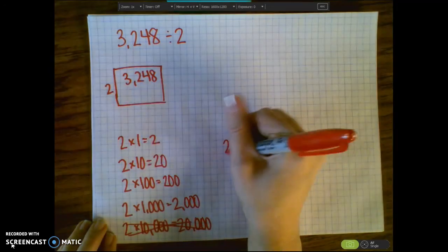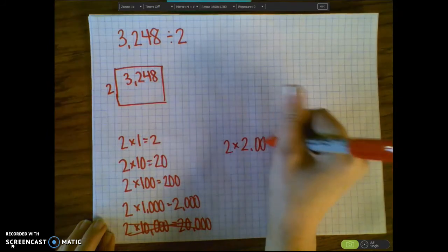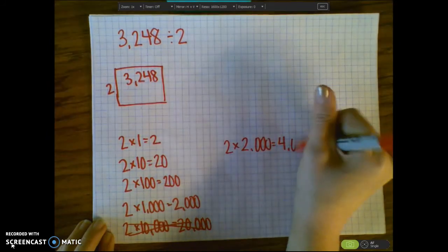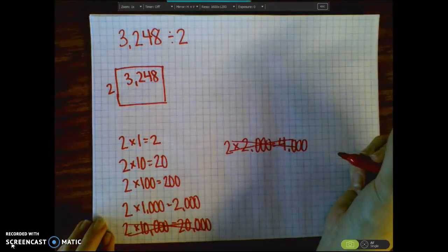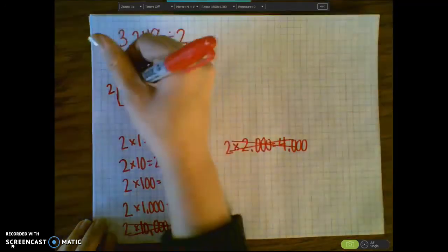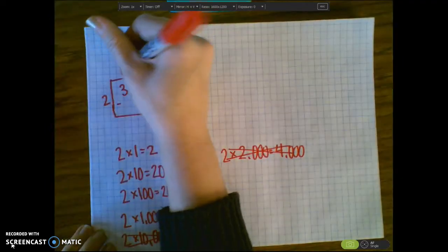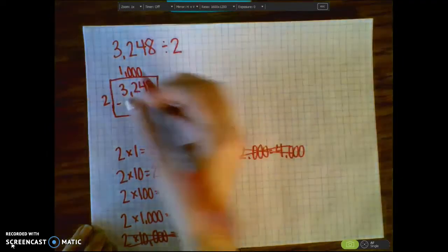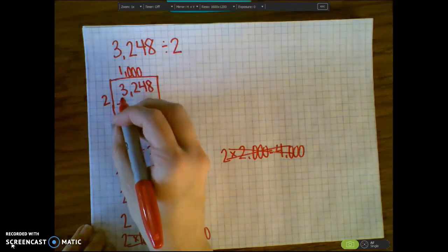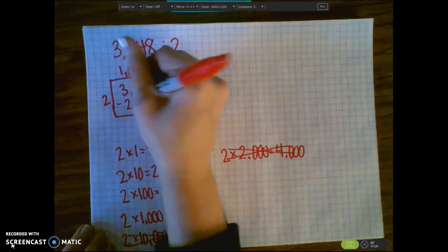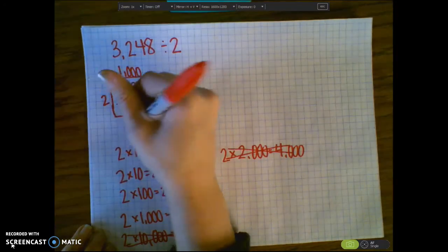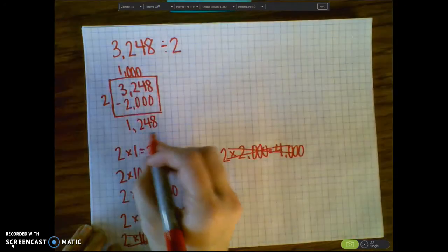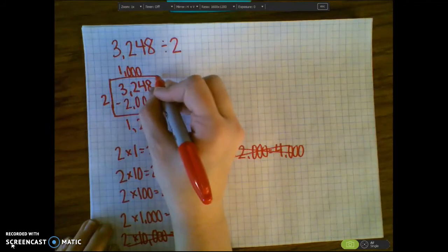You might even want to have your student check 2 times 2,000 just to be sure. It's too much. So when we subtract, we're going to say that 1,000 groups of 2 goes into 3,248. I subtract, I get 1,248.